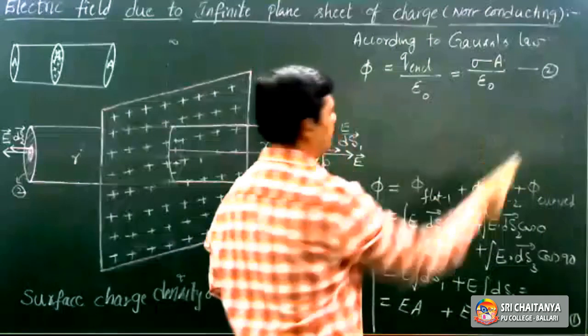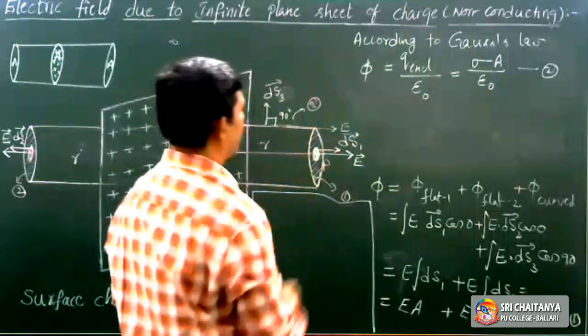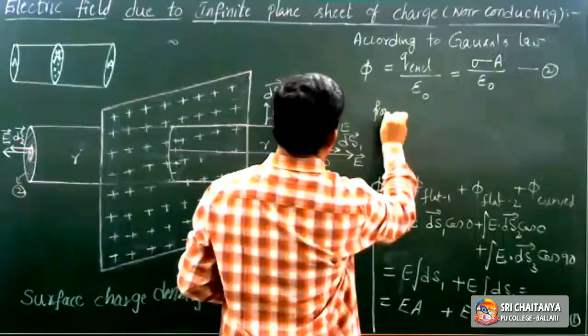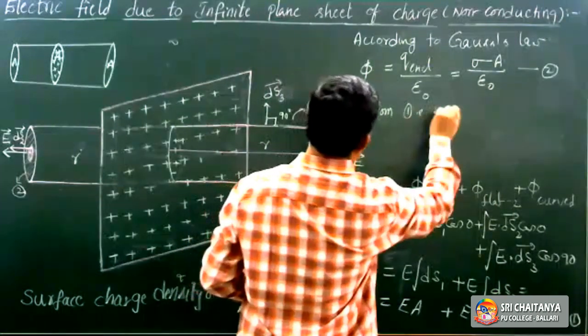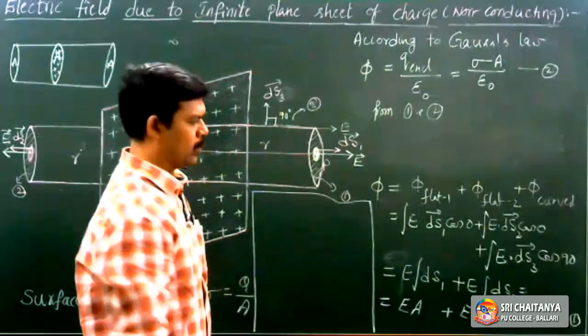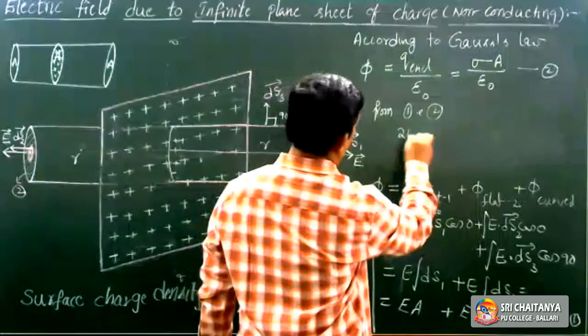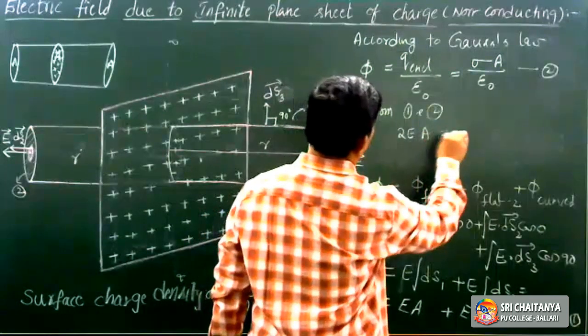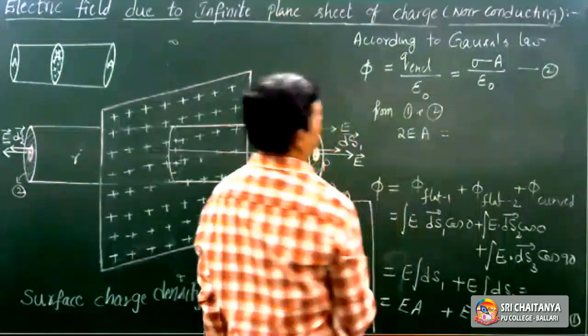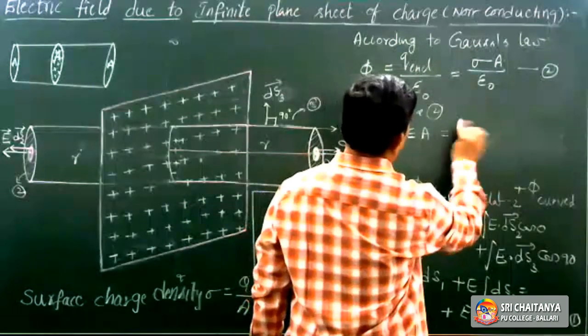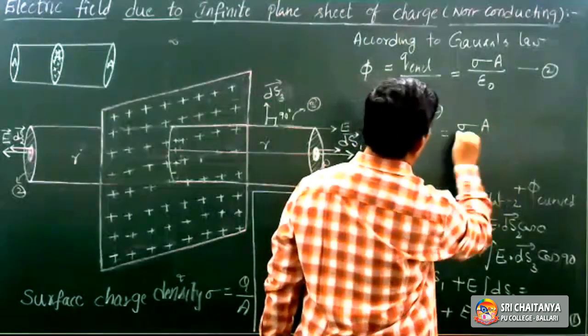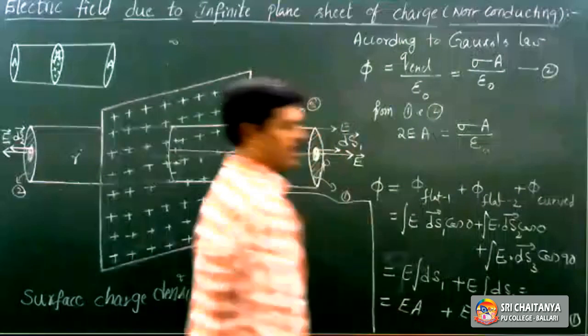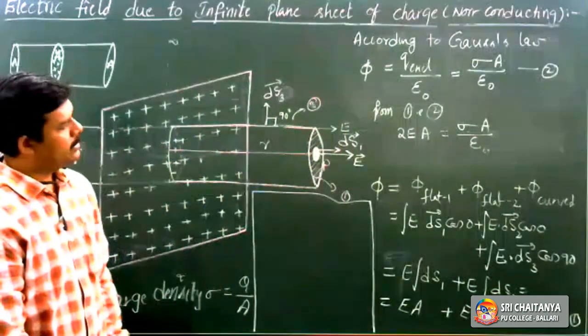Then equate those two, from 1 and 2. What can you write? 2EA is equal to sigma A by epsilon naught, right? Any cancellations?